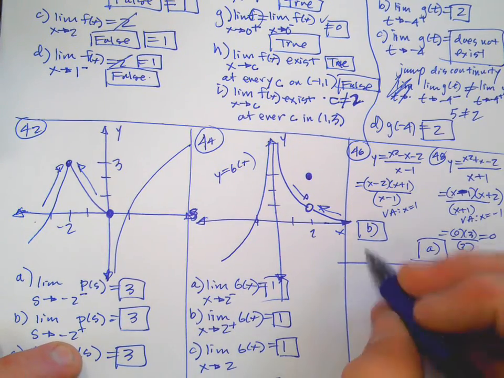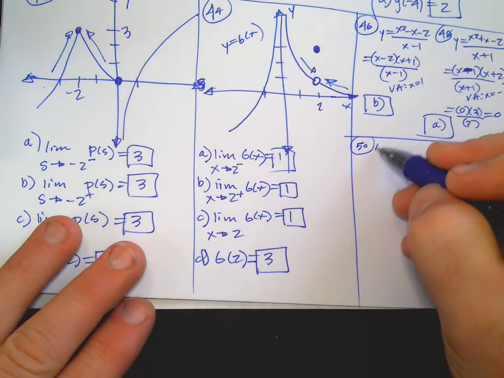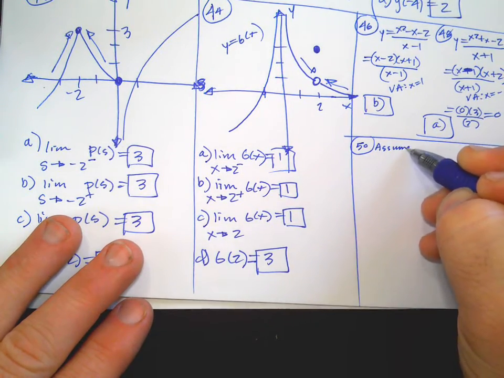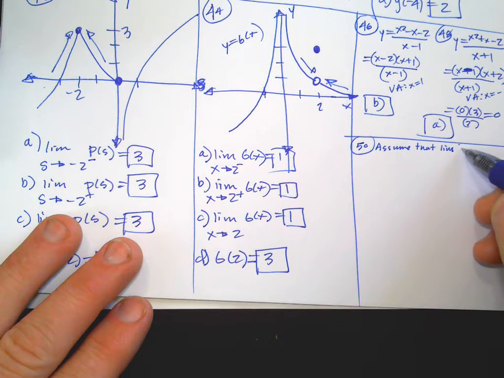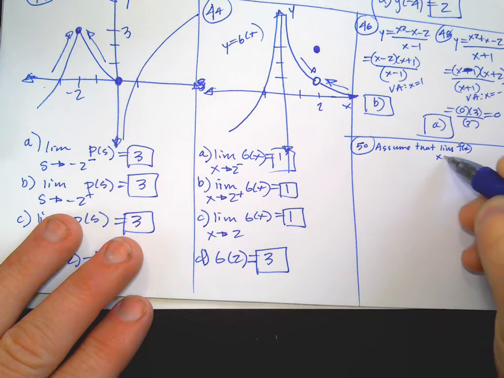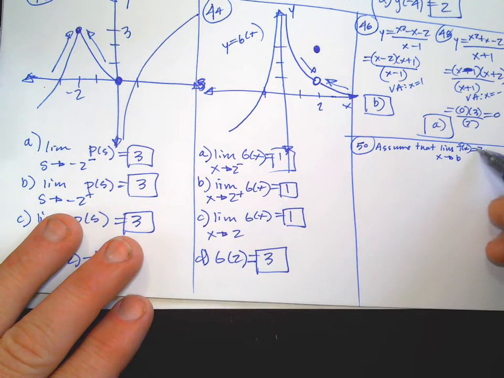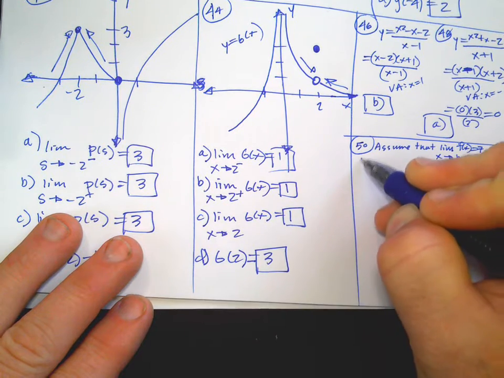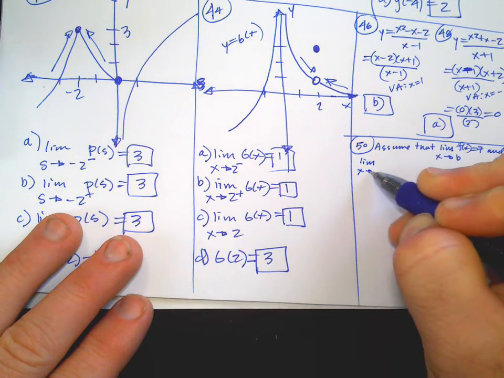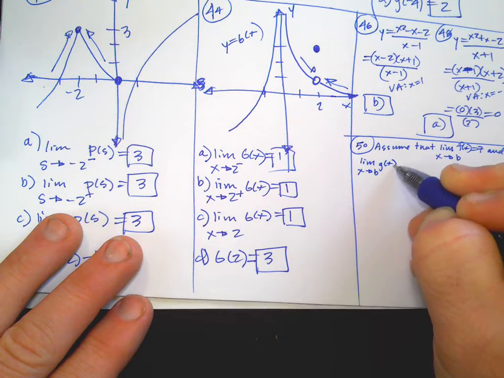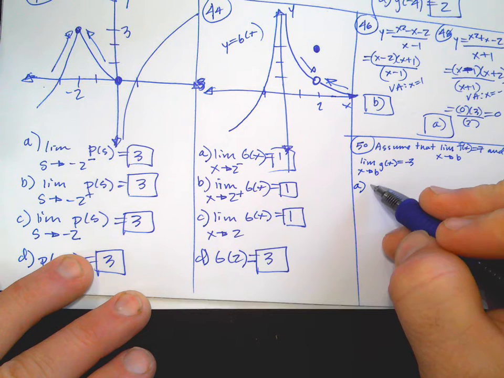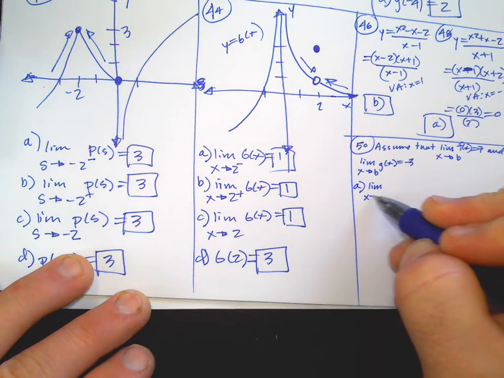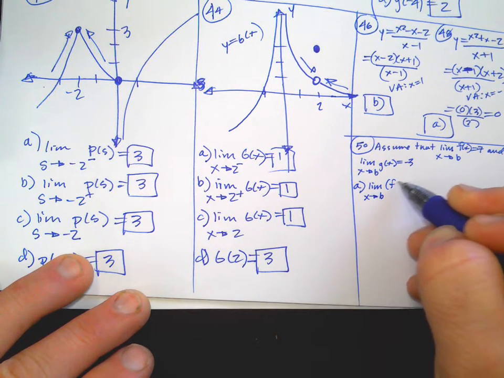Okay, and then the last question is 50. And it says to assume that the limit of f of x as x approaches b equals 7, and the limit as x approaches b of g of x equals -3. Okay, and so here on part A, we're going to do the limit as x approaches b of f of x plus g of x.